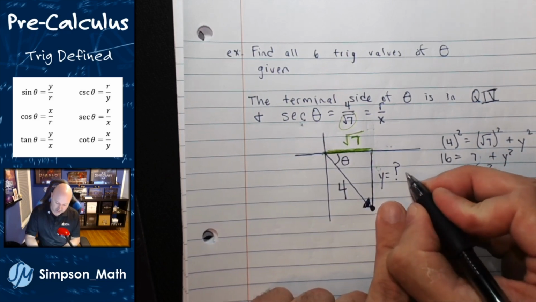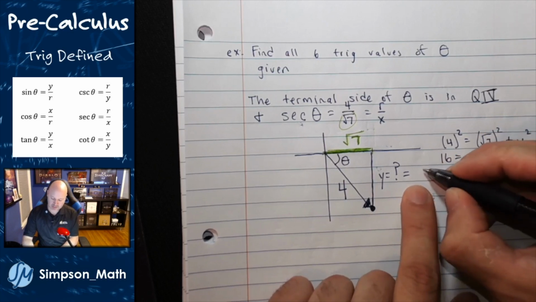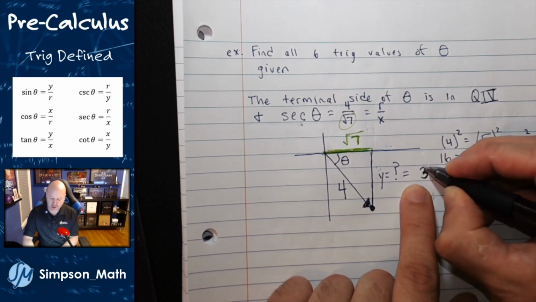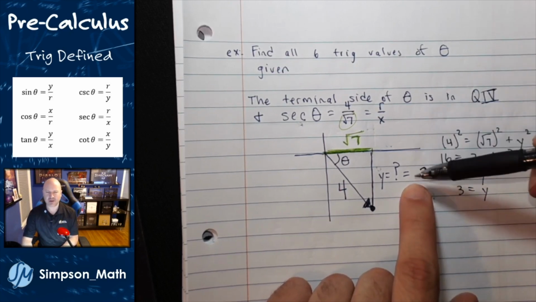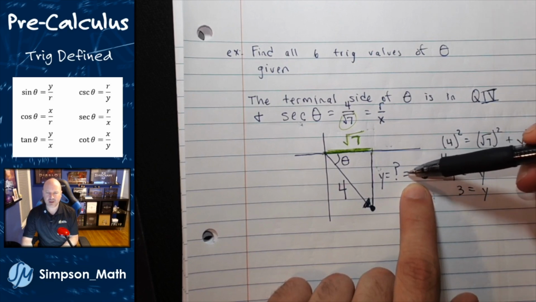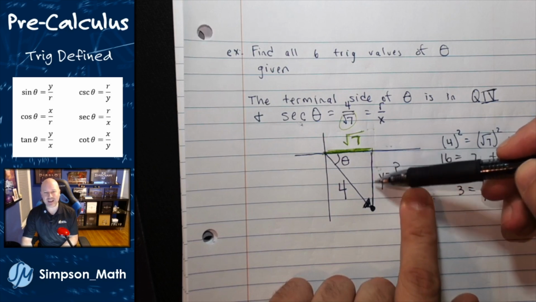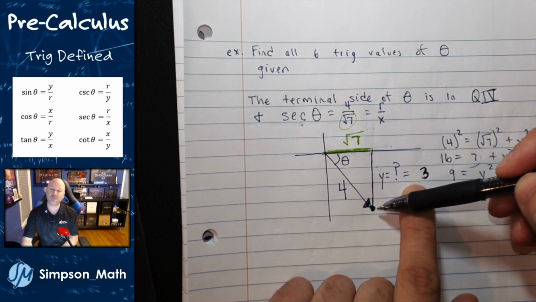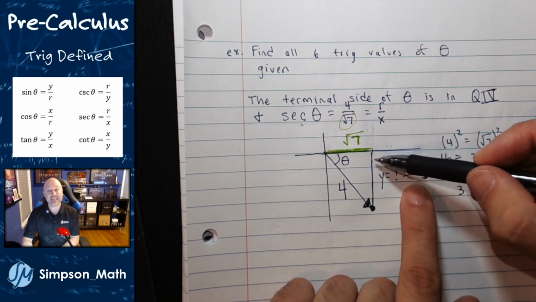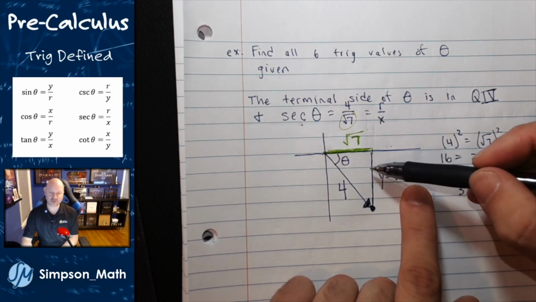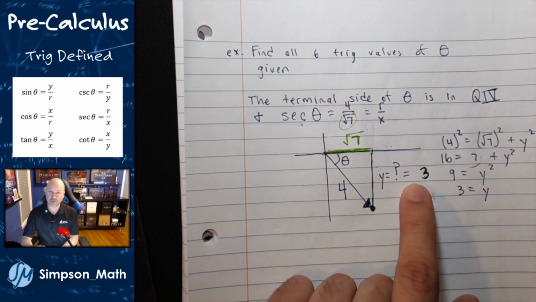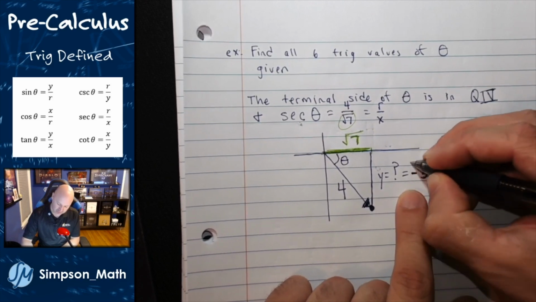So can I put a 3 right here? I want to, but there's something not quite right about this, because the y value needs to be a negative if I'm going into quadrant 4. So the length of this side of the triangle measures 3, but the y value is negative 3.